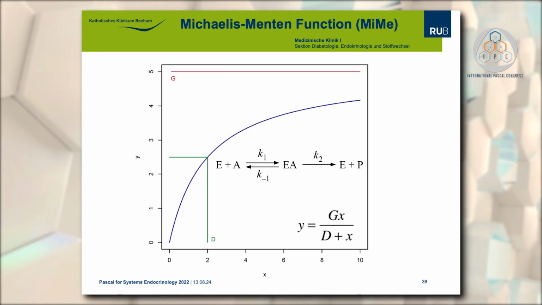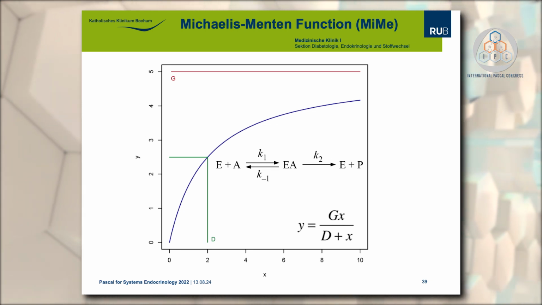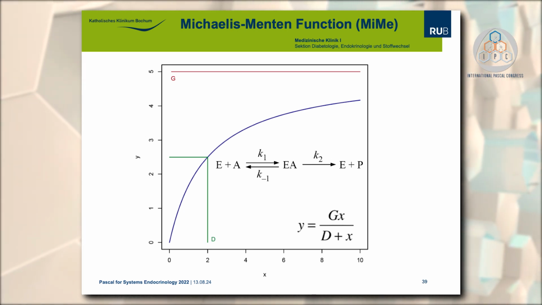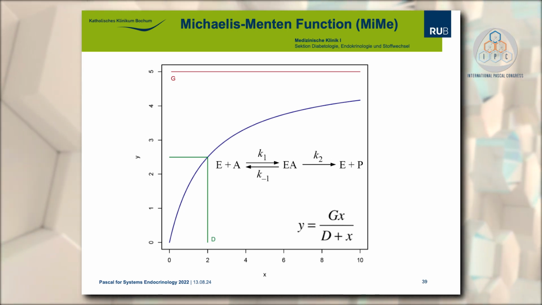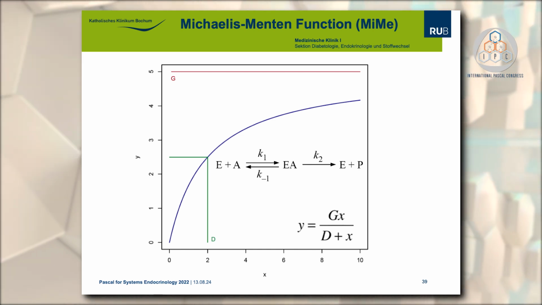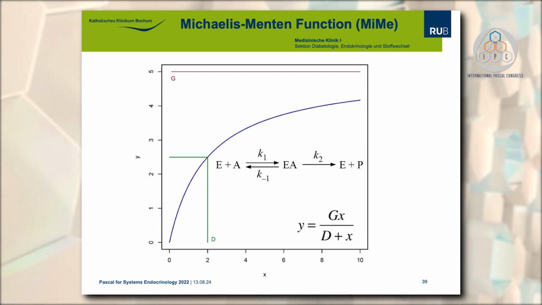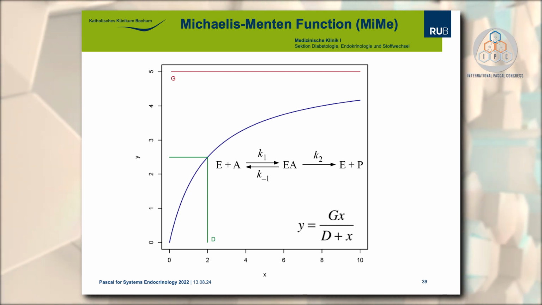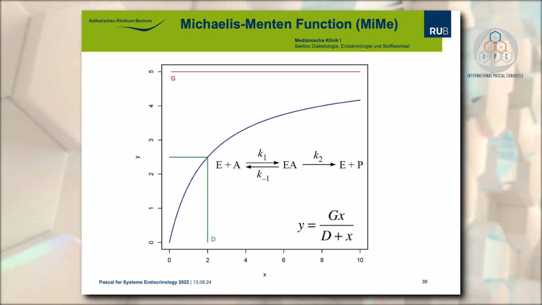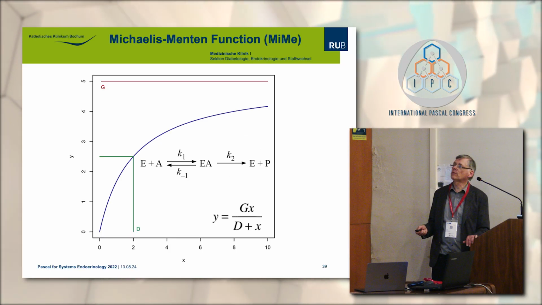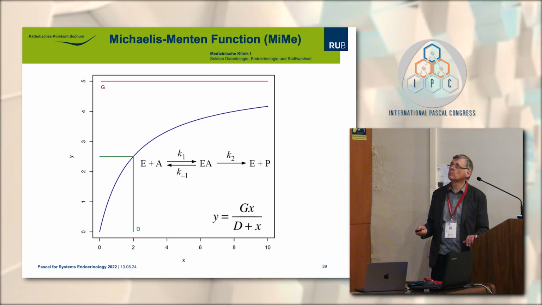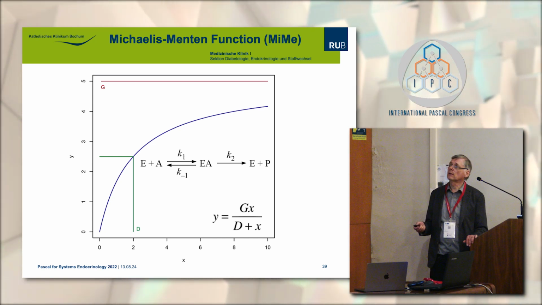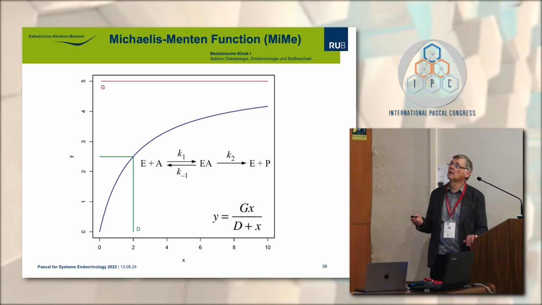And we can model this very simply mathematically by this Michaelis-Menten equation, y equals g times x divided by d plus x, where g is the maximum production rate which is possible for this enzyme or organ or whatever we have, and d is a half maximum constant, that is the input which defines the half maximum output.